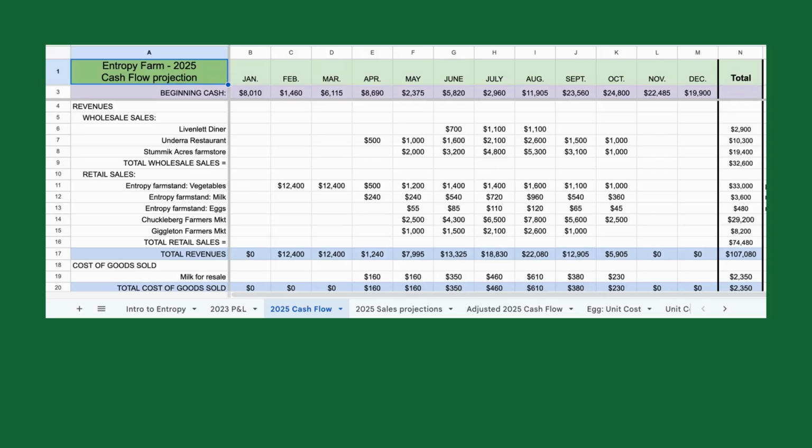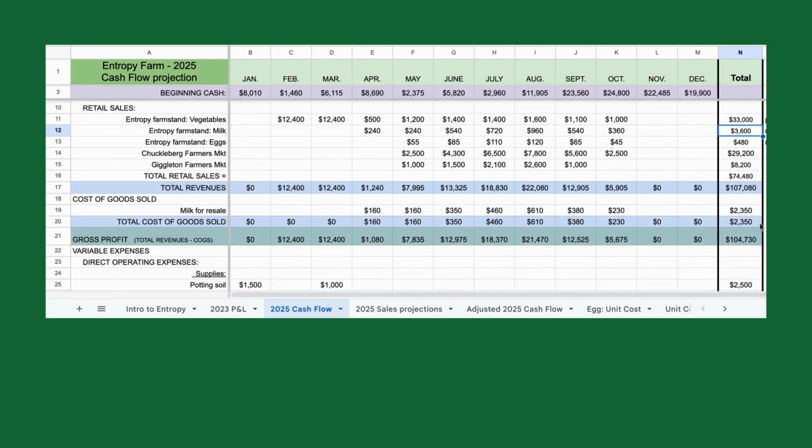It's linked below. So, looking at Entropy Farm cash flow projection for the year and just the totals in column N, we see they are planning on $107,000 in revenues, which includes buying in some milk from a local dairy for resale. And after accounting for the cost of goods sold for that milk, their gross profit will be $105,000.